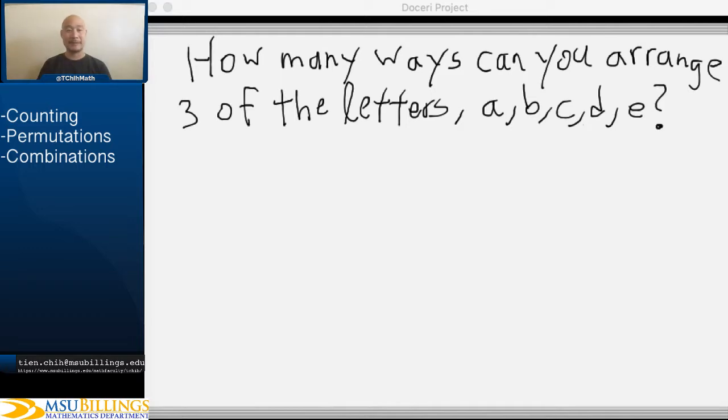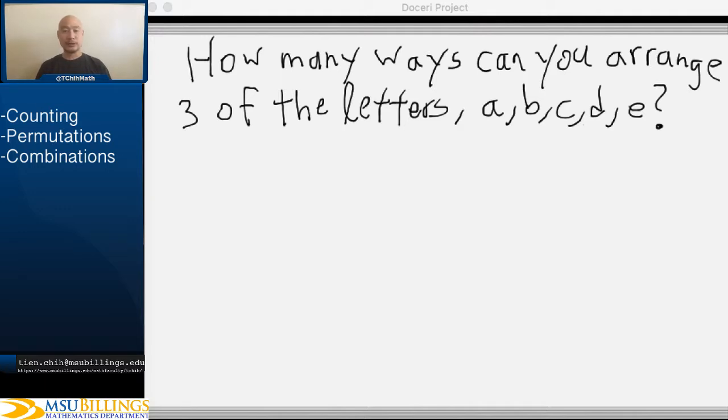All right, and so what we mean by that is we have the letters A, B, C, D, and E, and we're going to pick three of them and put them in some sort of order, right?